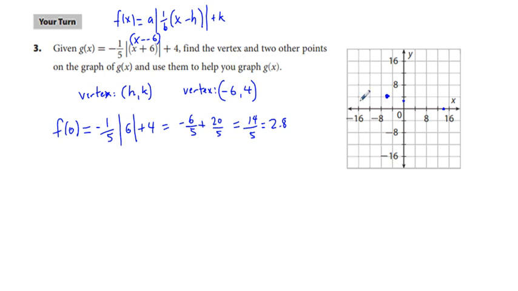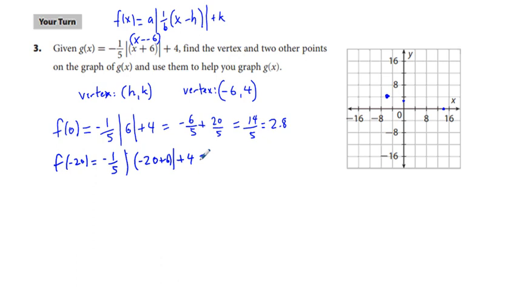We can pick another point to the left. We can put it here, I don't know, negative 20. F of negative 20 is going to be equal to negative 1/5 absolute value of negative 20 plus 6, and that's going to be plus 4.